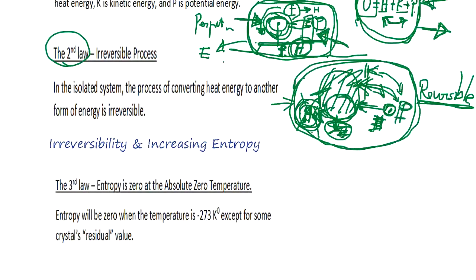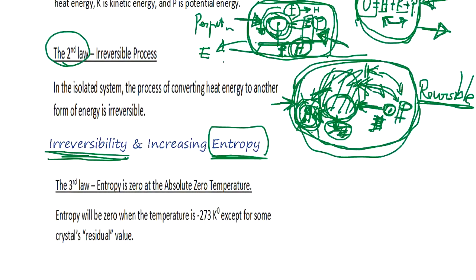There is a quantity called entropy, and irreversibility means increased entropy. If this process increases entropy, that means it's not reversible. Some energy is changed to heat energy within this isolated system.